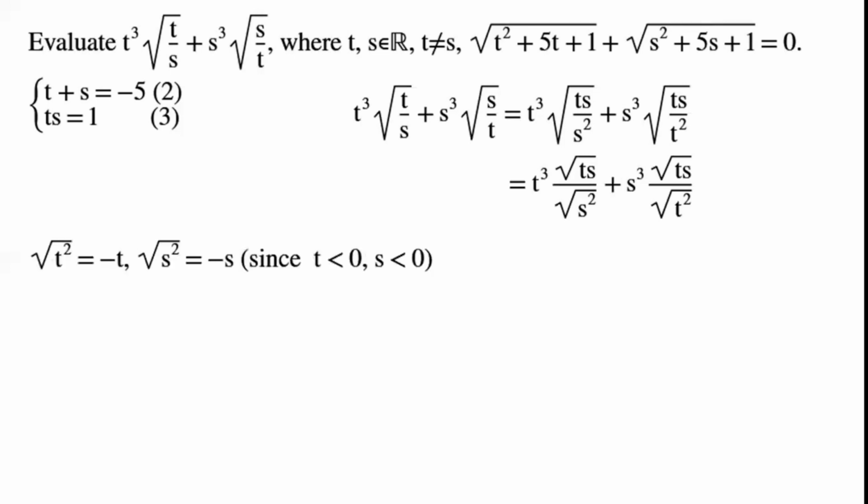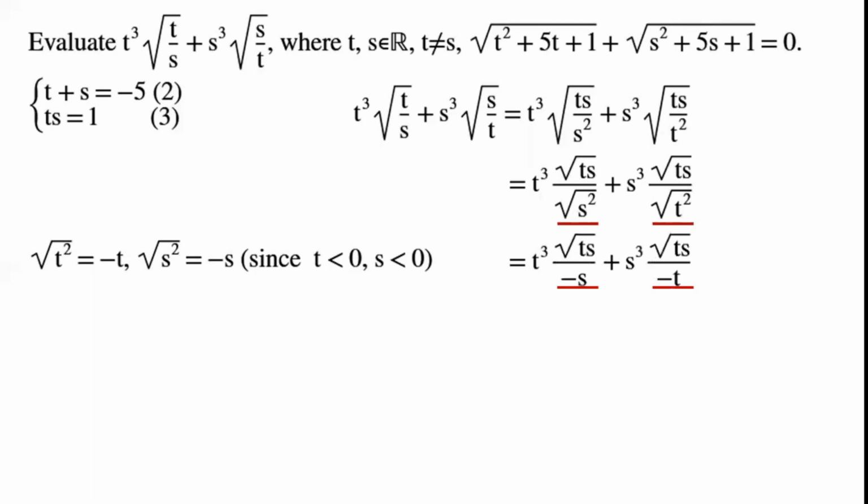Since t, s are less than 0, root of t squared equals minus t, not t. Similarly, root of s squared equals minus s, not s.